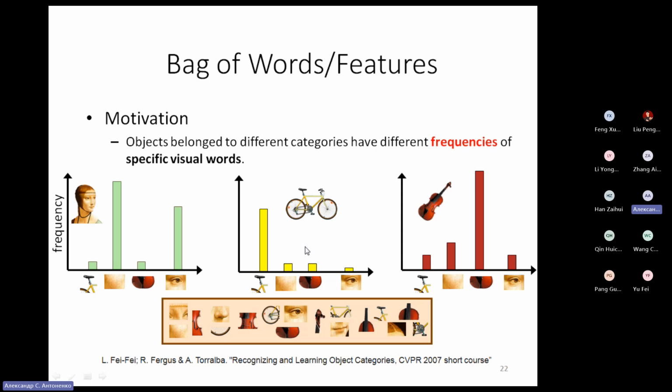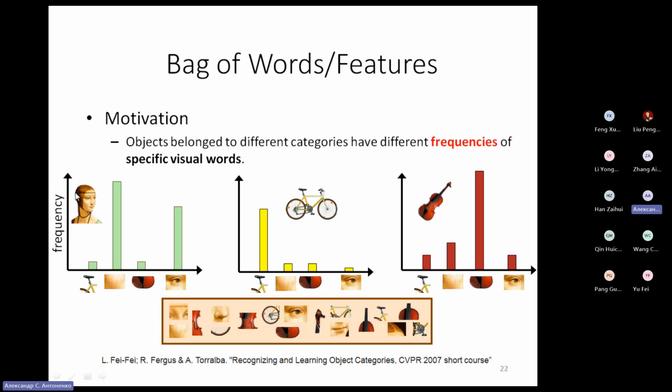Let's make a very simple example. Let's choose only 4 features for the visual words: an eye, this part of a music instrument, a cheek, and this, how is it, is it a pedal in English? I don't remember the correct word. This is the part of a bike where you sit.